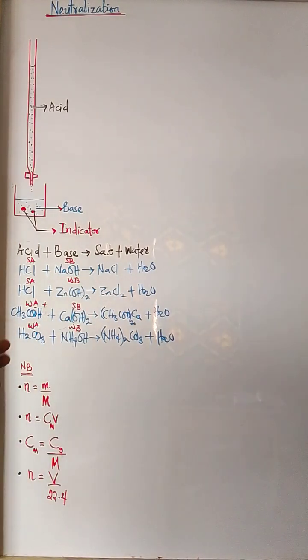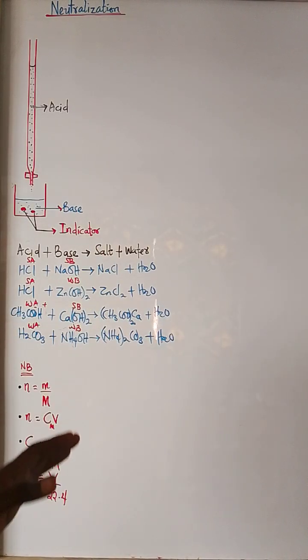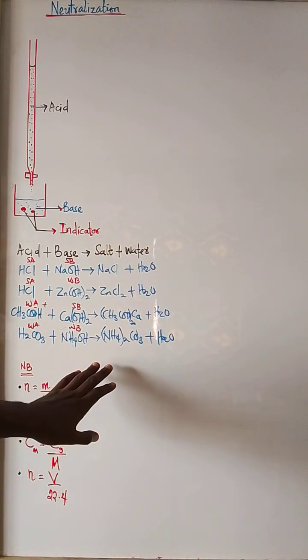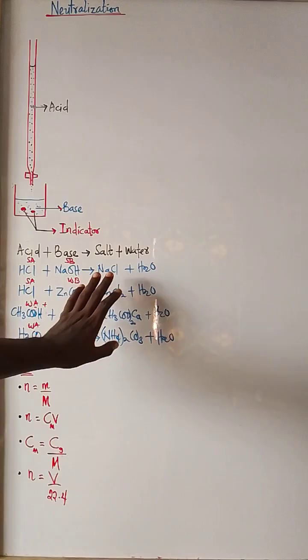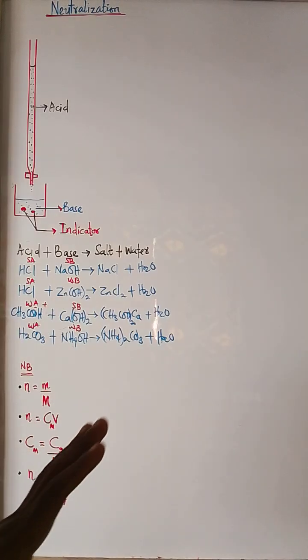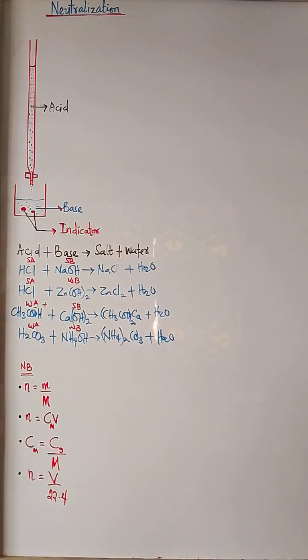Salts are either simple, compound, or complex. So they are all simple salts. Simple salts are either normal salt, acid salt, or basic salt. So all the salts we have here are called normal salt. They are not acid salt, they are not basic salt. Although some of them are acidic and some are basic in nature, we are coming to that later. So in short, this is what we call a neutralization reaction.